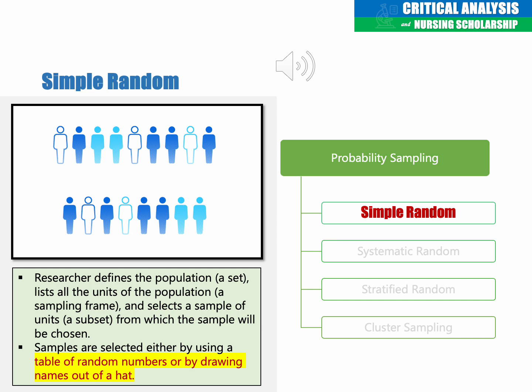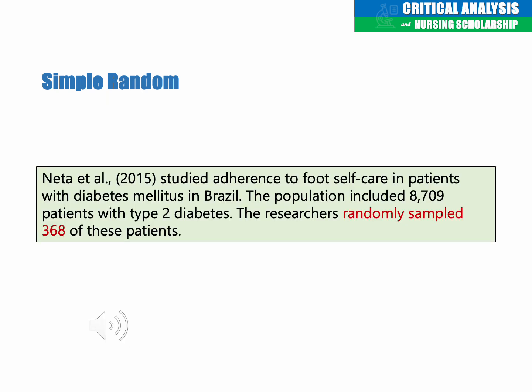Now, for example, again, you want to study anxiety levels among third-year nursing students in your university. In here, by using simple random sampling, you assign each student a number and randomly draw 50 names. That's it. Simple random sampling.